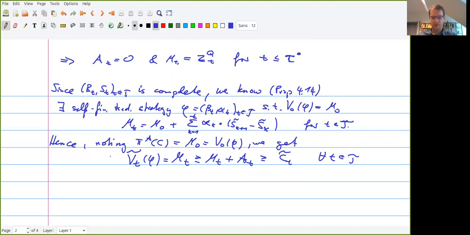Sorry, I forgot here the discounting factor. I did in the notes. Right. Because we're talking here about discounted quantities. But okay, you can reverse the discounting to see that this is indeed a hedging strategy for my American option C.